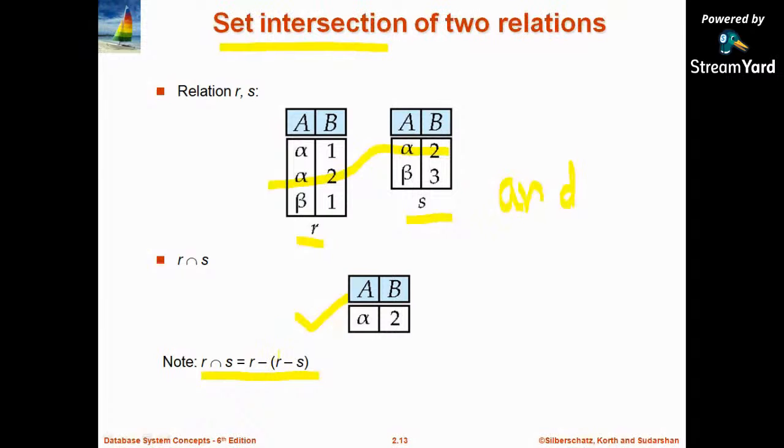They are present in R, not in S. If you subtract R minus S from R, you are going to get the second row. So both of them are the same. Intersection can be written like this: R minus (R minus S).